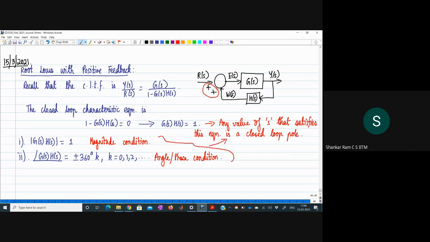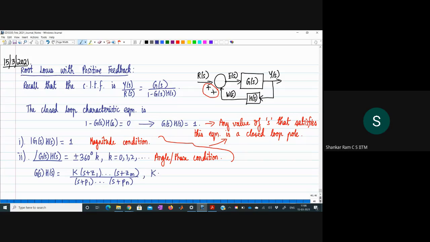Okay, the same statement holds for these two conditions. So once again, we shall consider that the open loop transfer function G of S H of S can be written in this form: K times (s plus z1) all the way till (s plus zm), divided by (s plus p1) all the way till (s plus pn).